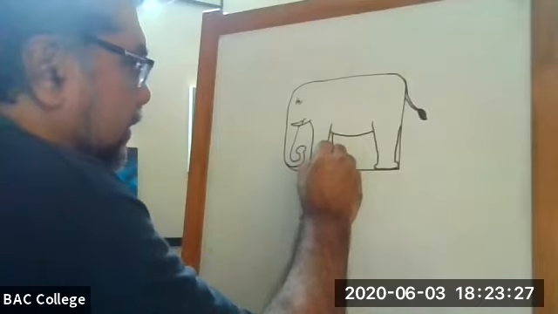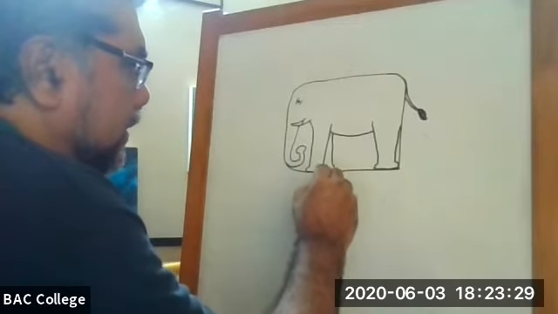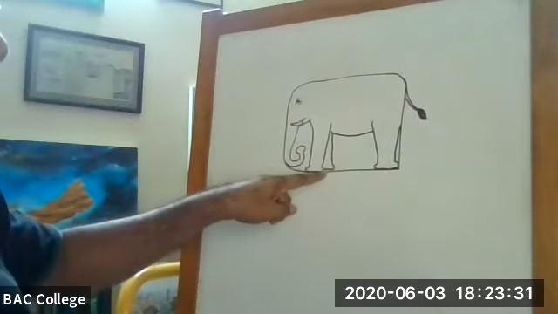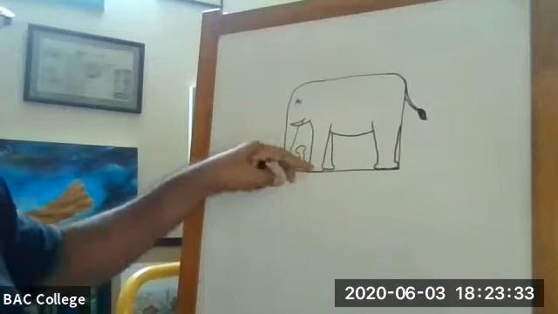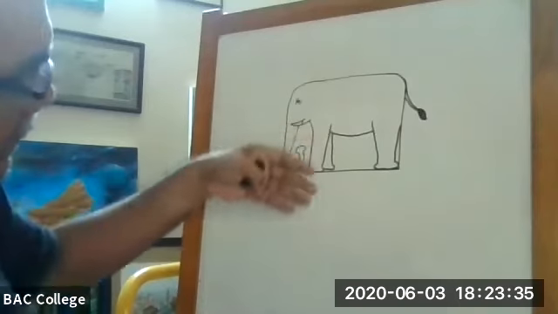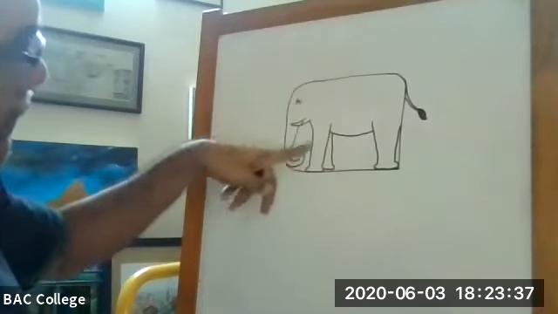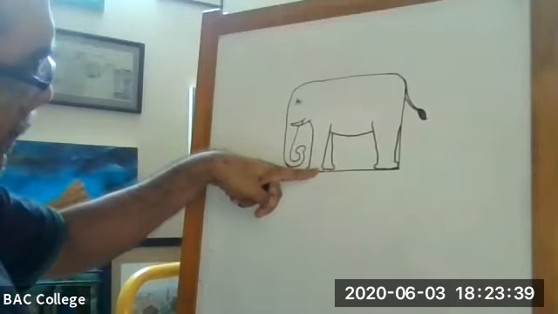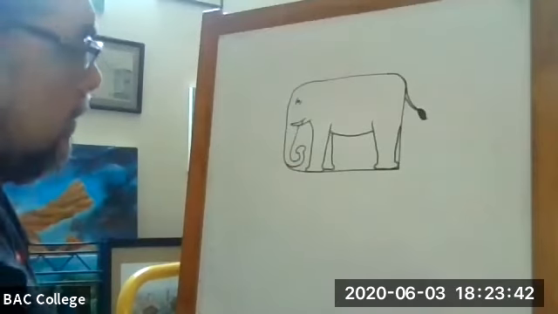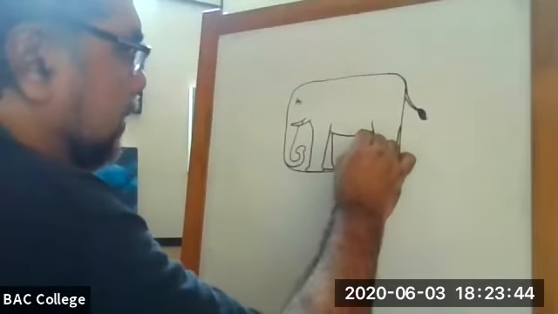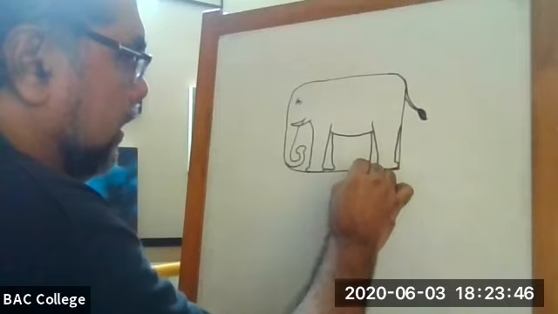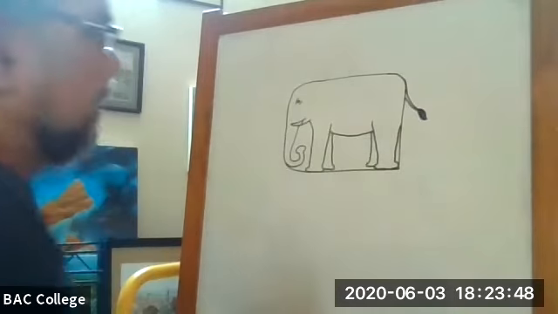Then you can get another leg over here on the other side. But you notice that it doesn't go all the way down, because you want to show that the leg is further on the other side. So you draw it out and then you curve in. Here also you can show that the other leg is sort of walking.